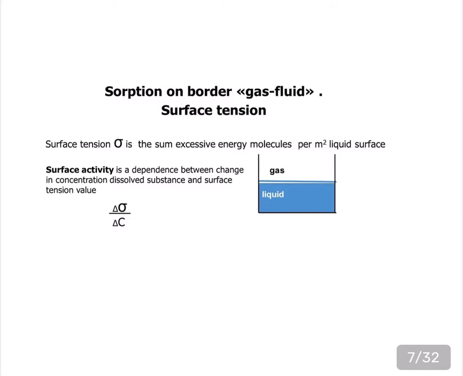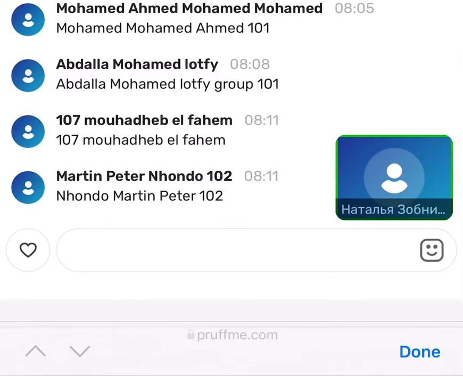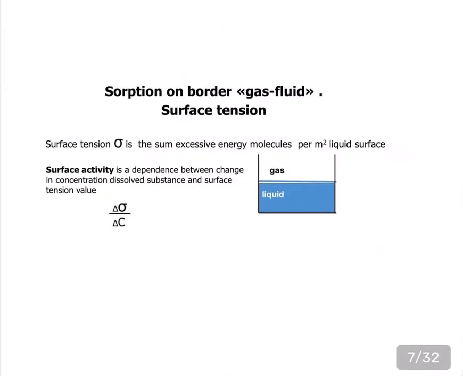Excessive surface energy for liquids is described by surface tension.